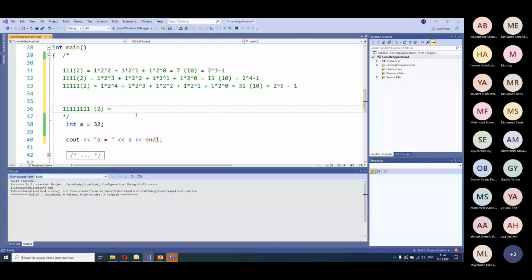Right? And if you briefly compute the value of 2 power 8, what is 2 power 8?